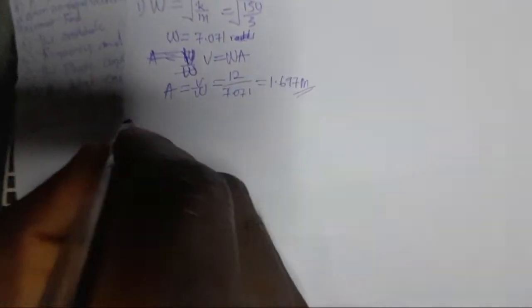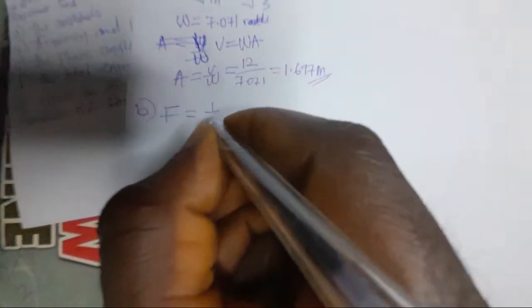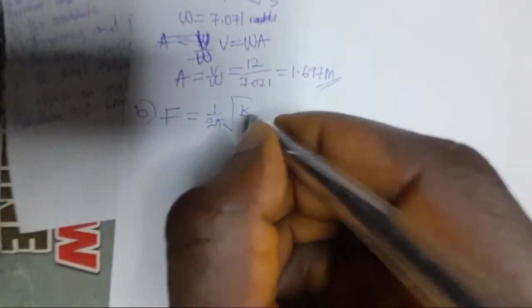So we are moving on. For B, we are asked to find the frequency and the period of the system. So what will be our frequency? Frequency f is always given by 1 all over 2 pi bracket k all over m.